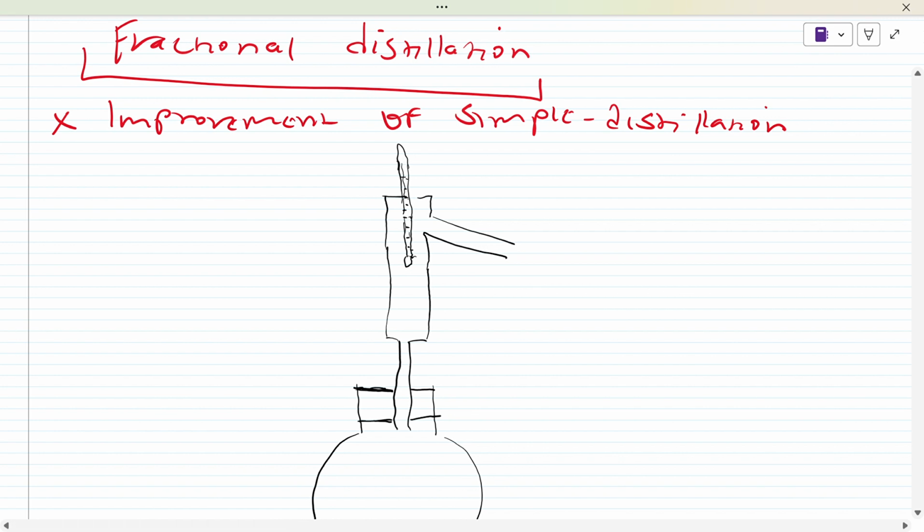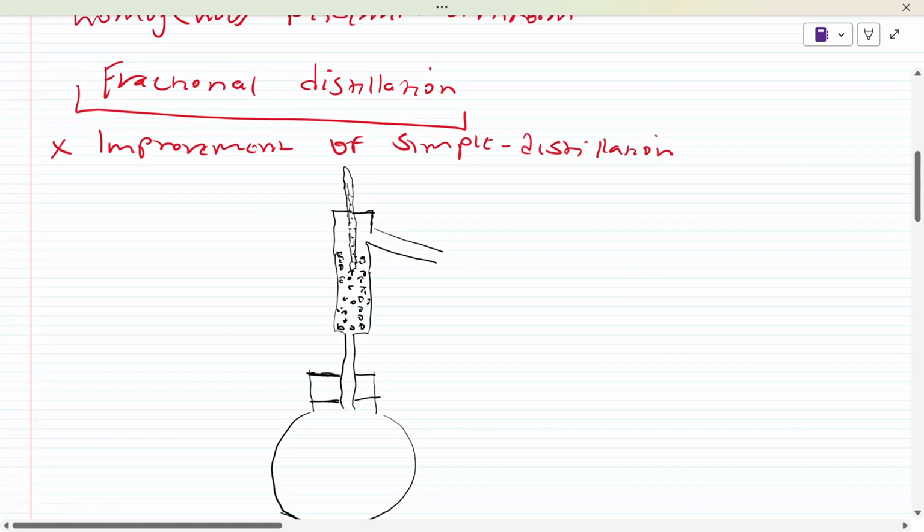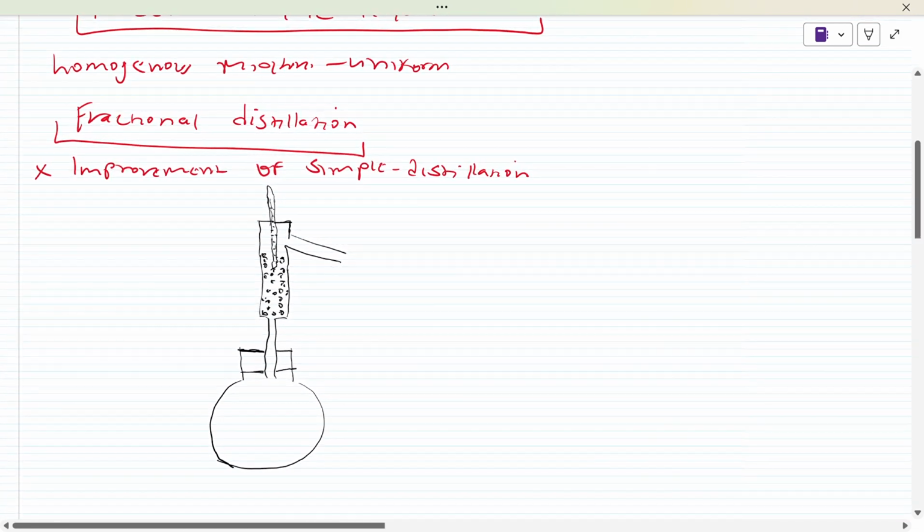Then inside here, we are going to have some solid substances, and this system, I'm just going to do a sketch.